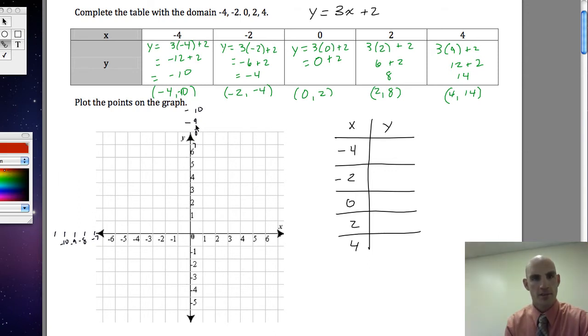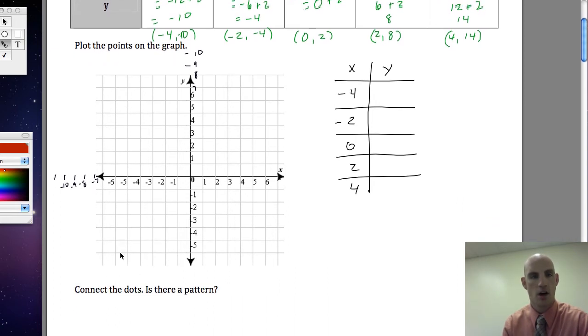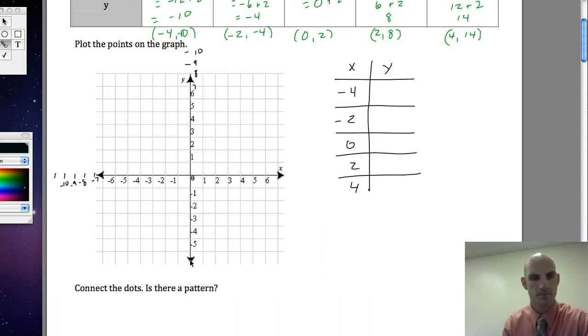So -4, -10. I go to -4 and I go down to -10. Well, notice I am off the chart here again. 6, 7, 8, 9, 10. We're all the way down here. So -4, -10 is going to be down here somewhere.